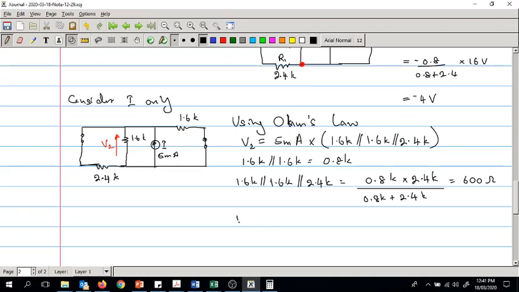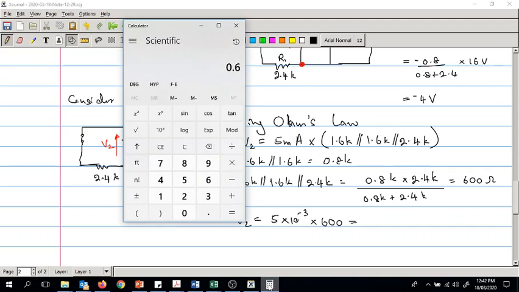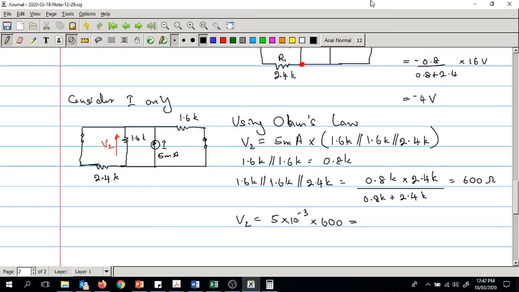Now V2 is 5 into 10 to the power minus 3 into 600. 5 into 600 is equal to 3000, which means the voltage is 3 and that is plus. So in the second case, V2 is 3 volts.